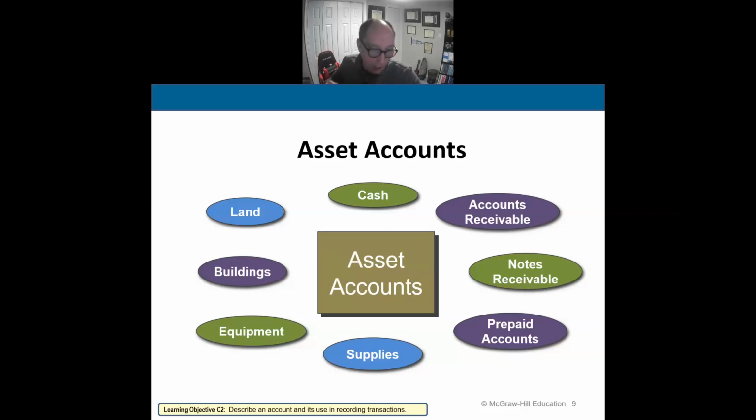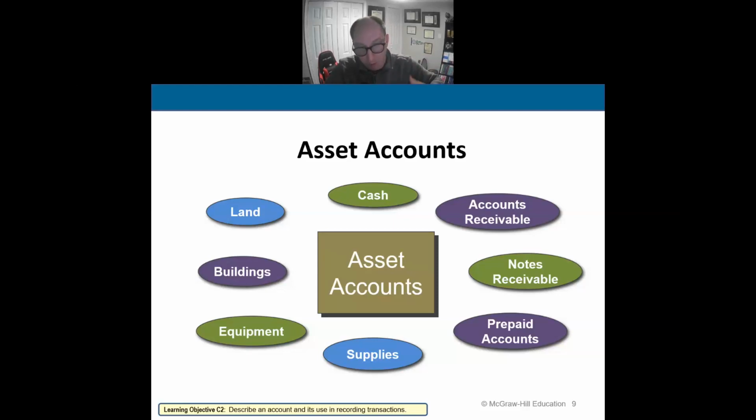That's an asset to me. The reason why prepaid insurance would be an asset account is because I still have a claim to that money. I can cancel that policy and take that cash back. That's why it's an asset. It becomes an expense when it's consumed.